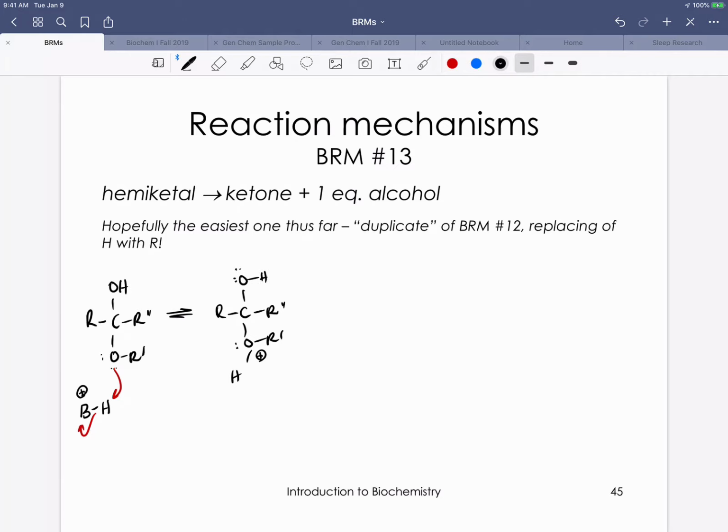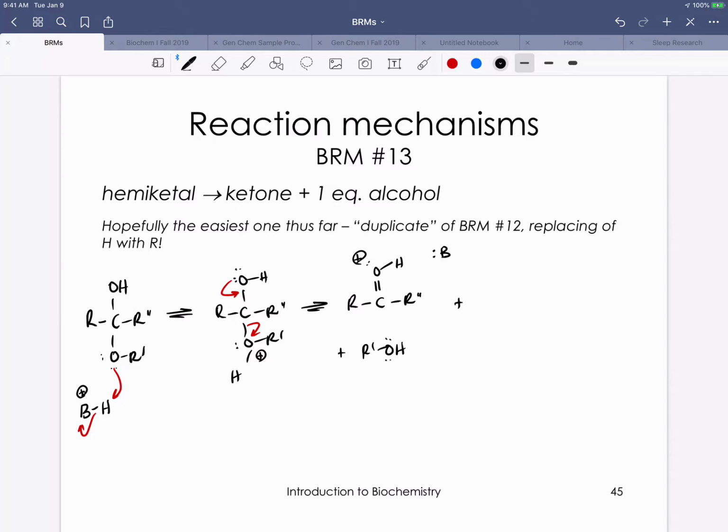And now we've got this wonderful internal lone pair of electrons on an adjacent heteroatom, in this case an alcohol, that can allow us to push out that leaving group, have it depart. We're left with a protonated ketone and departure of our alcohol.